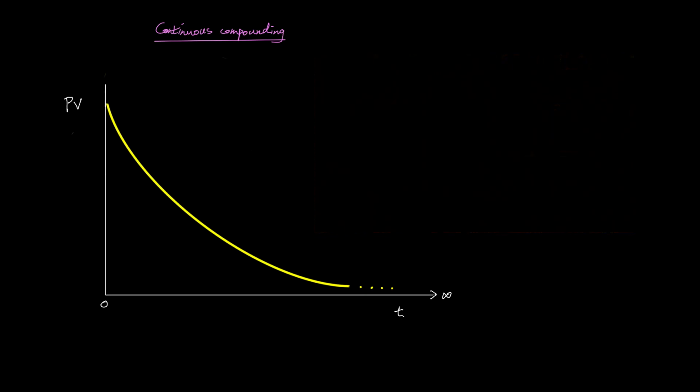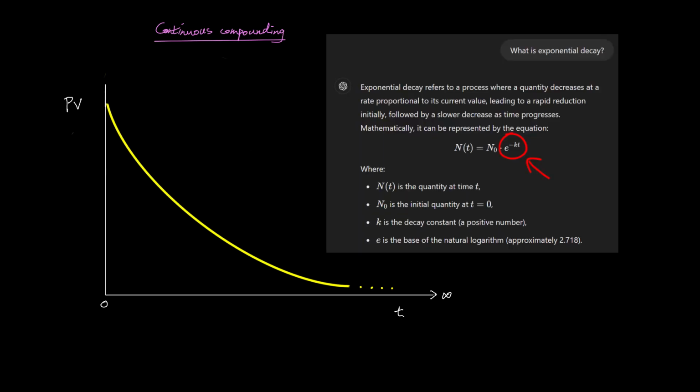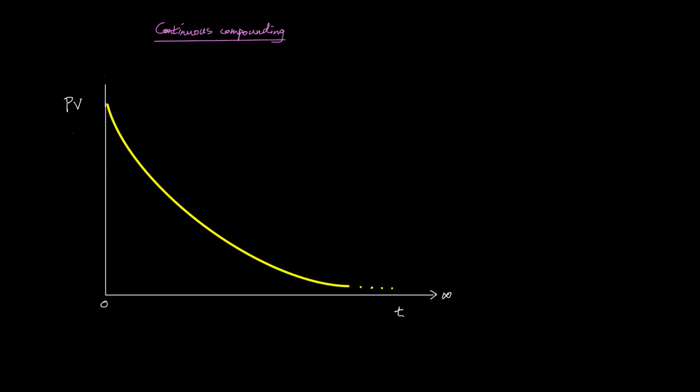So what we have here is, instead of those separate individual bars, we have a smooth curve sloping down and to the right. In mathematics, you might hear that referred to as an exponential decay curve, but never mind that. For our purposes, the curve shows how the present value of our continual flow of cash decreases over time.